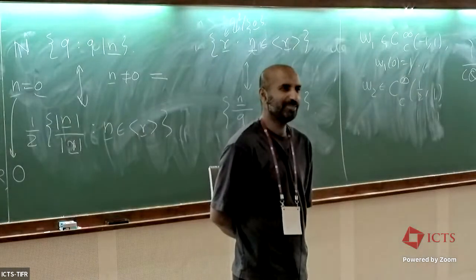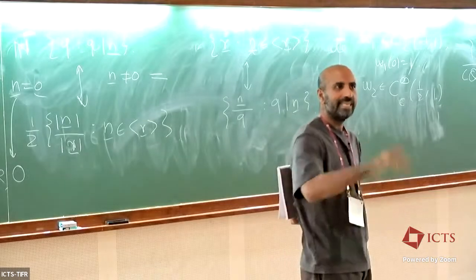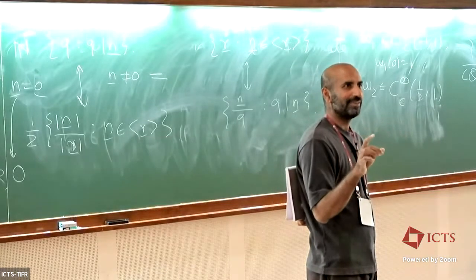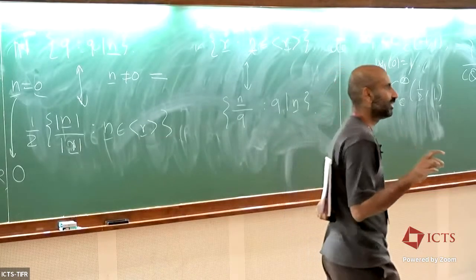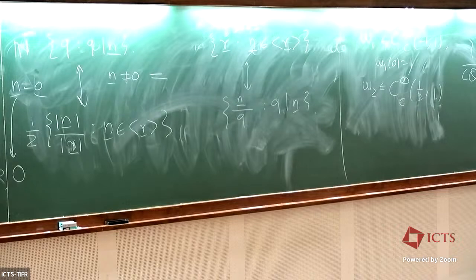In your theorem, I think it's 4/3. Usually it depends on the degrees of the polynomial. Suppose n is varying over an interval of length capital N. How much is Q?